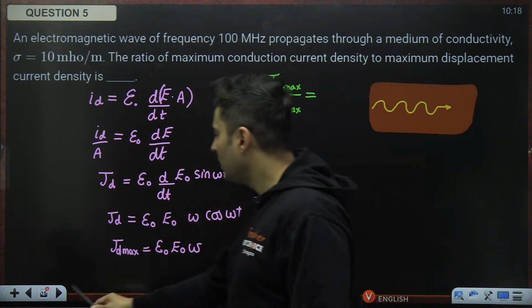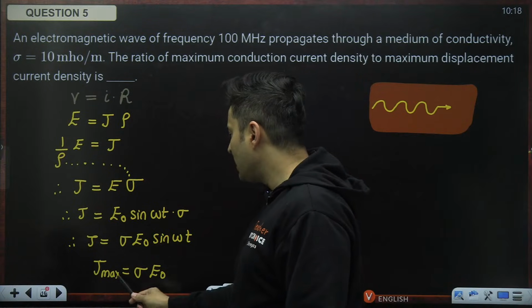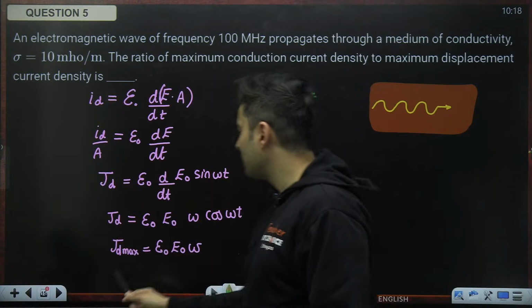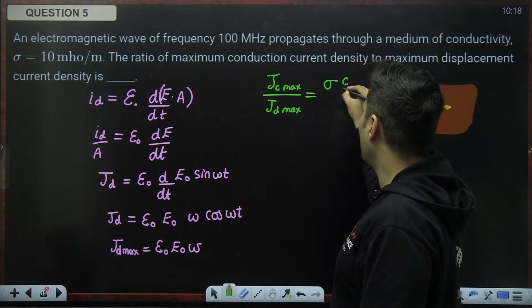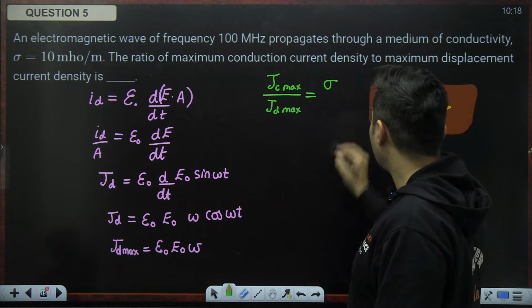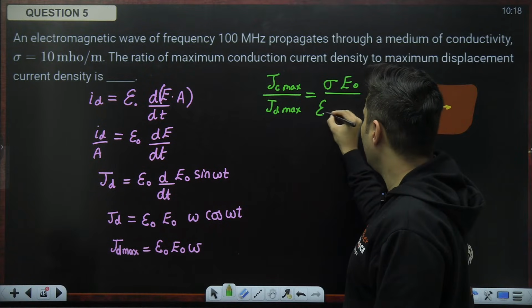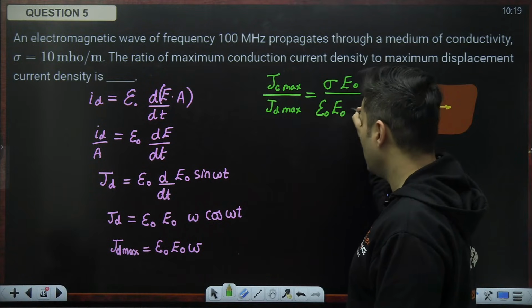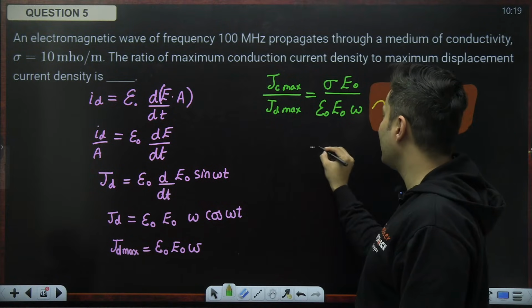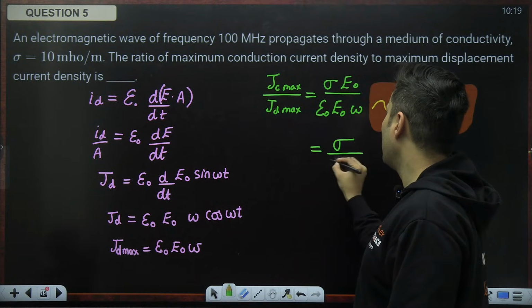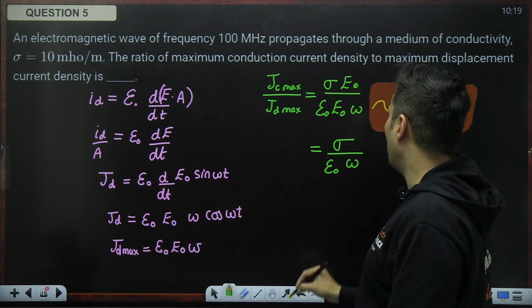We just got J max is sigma E naught, sigma into E naught, not epsilon naught. And this one is permittivity, field amplitude into omega. E naught will cancel, and you will have sigma divided by permittivity into omega.